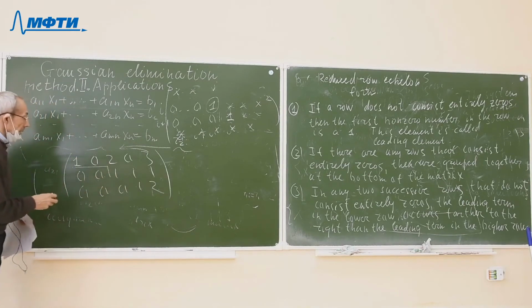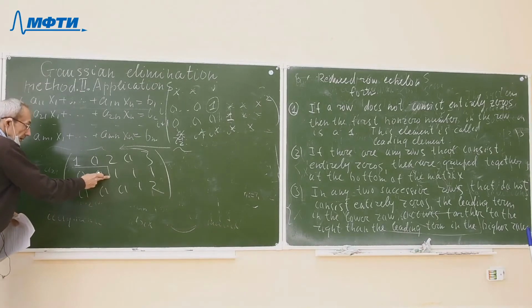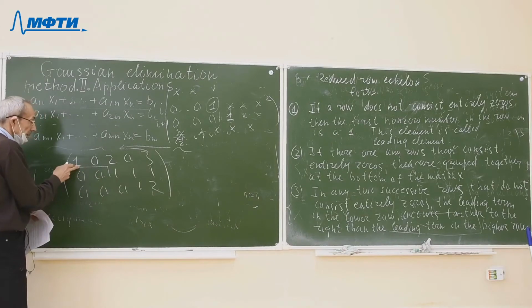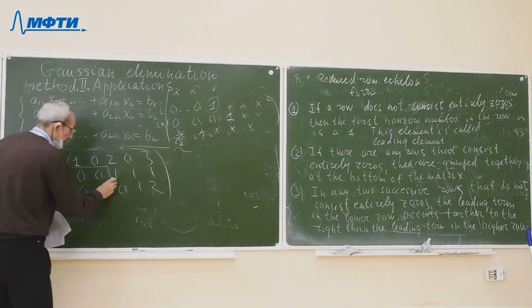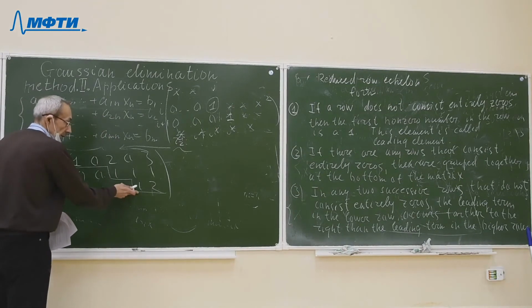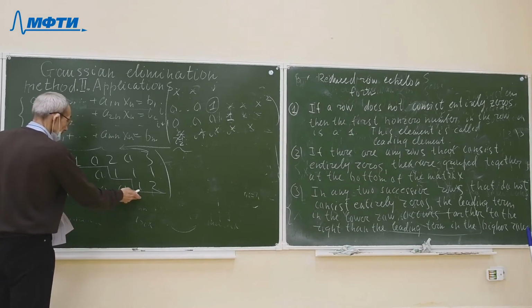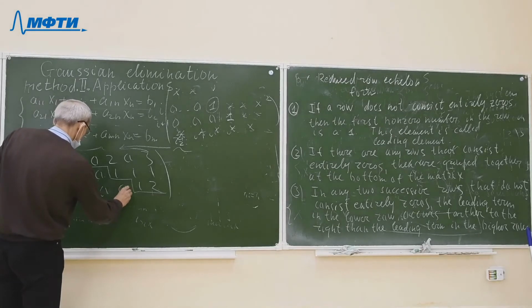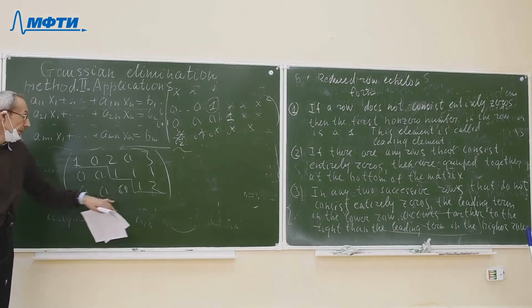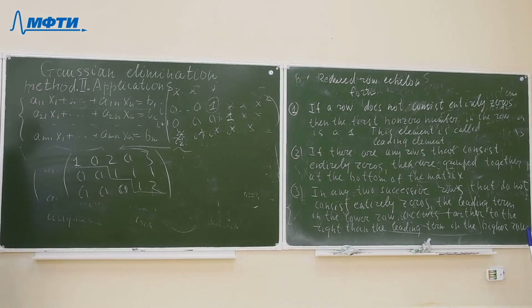Second row: the leading element 1, the place is equal to 3. 3 is greater than 1. Third row: the first non-zero element 1 is the leading element, and the number of the place is 4. And we have, in this case, echelon form.